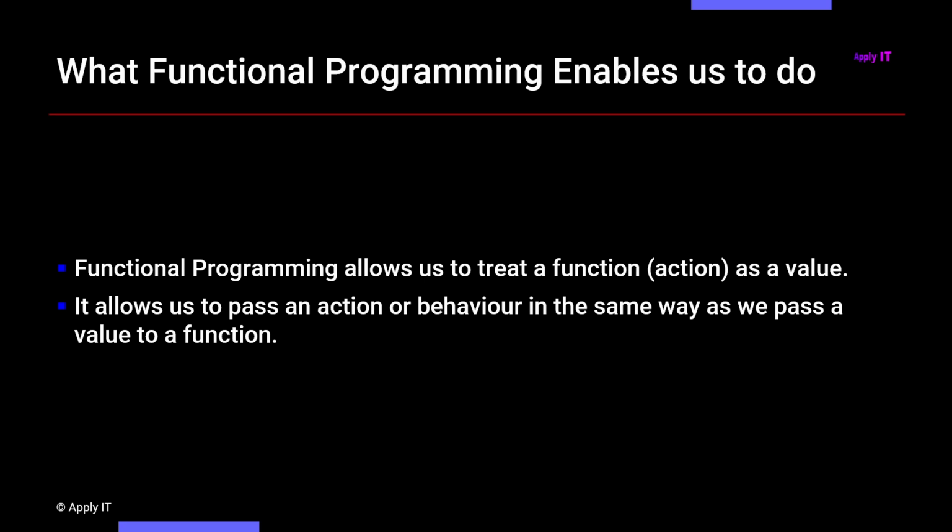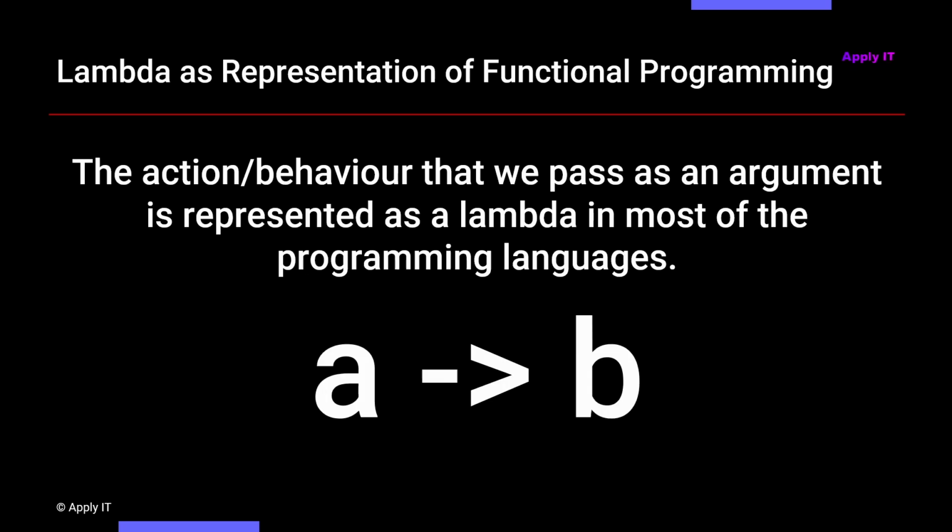And functional programming allows us to pass that value or behavior or action in the same way we were doing with the object. That action or behavior which we are passing as an argument to a function is represented as a lambda in most of the programming languages. This form A arrow B is called a lambda. So lambda is a representation of functional programming.